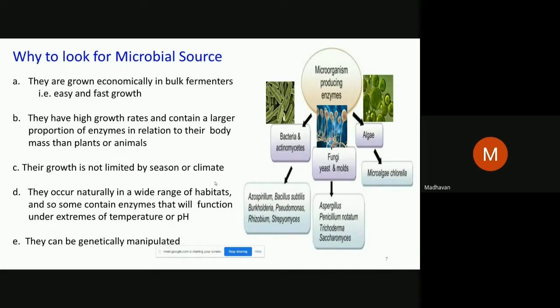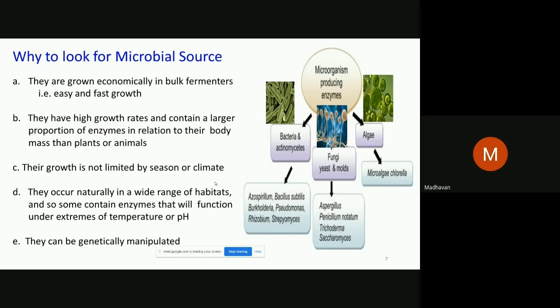You can grow them at extreme temperature conditions, extreme pH conditions. I will come to those points later. And they can be easily genetically manipulated. That means you can clone a gene for a particular enzyme and overexpress it, to make a very huge level production of this type of enzymes.